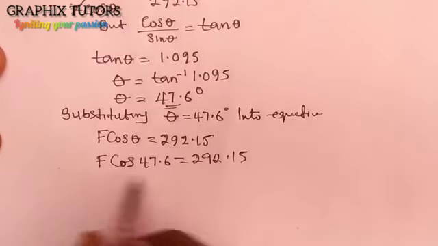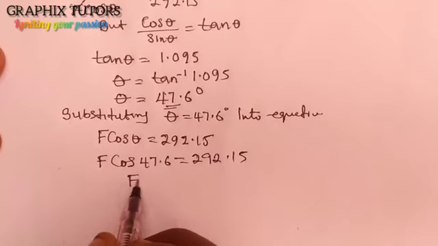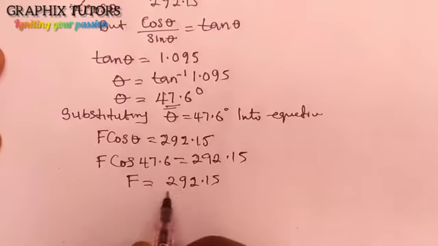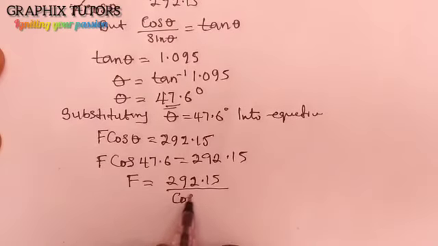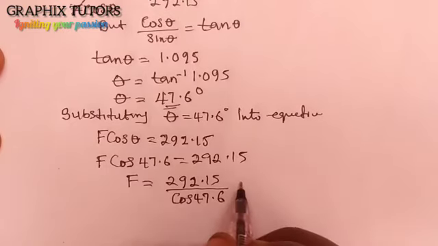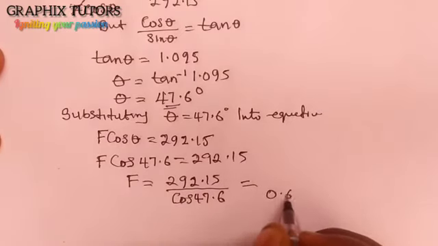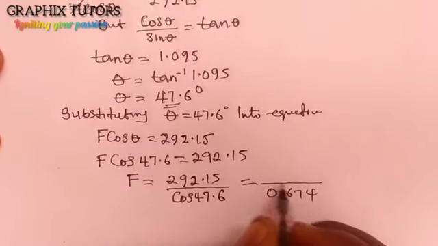If I divide both sides by cos 47.6, the force will be 292.15 divided by cos 47.6. Cos 47.6 gives 0.674.